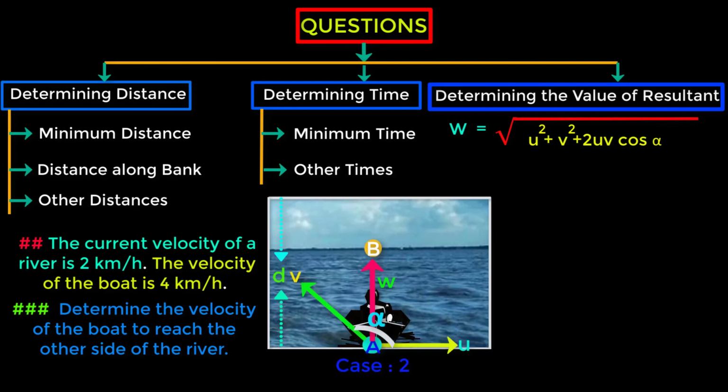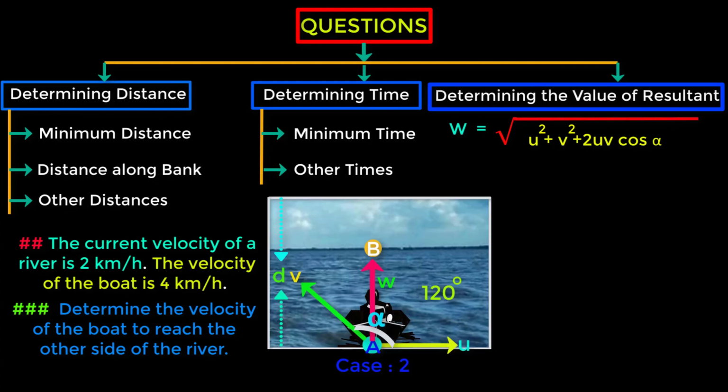See, here the current velocity of river u is 2 km per hour. The velocity of the boat v is 4 km per hour. The angle between two vectors alpha equals 120 degrees. Just a little while ago we got this value.